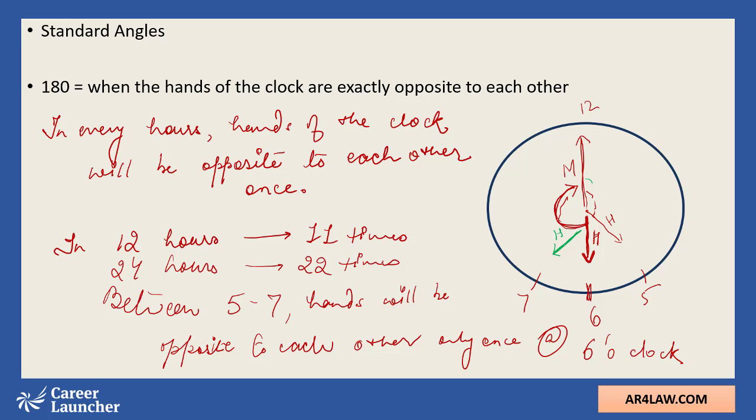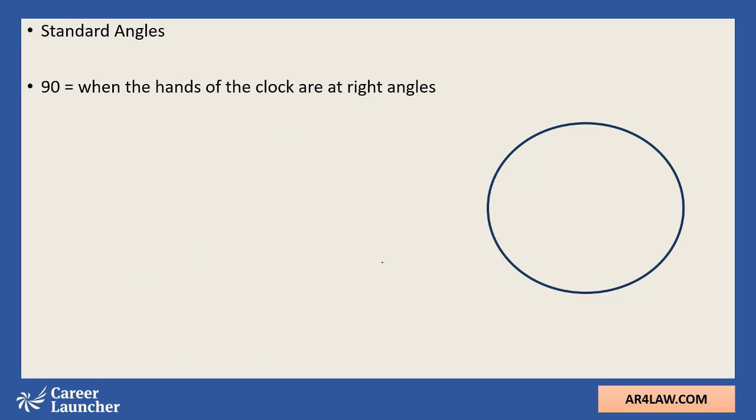Now, another standard angle is 90 degrees, when the hands of the clock are at 90 degrees. Here, what you need to understand, as we have seen with the case of 0 degrees and 180 degrees, is that those angles can only be formed once in an hour. 90 degrees can be formed twice in an hour.